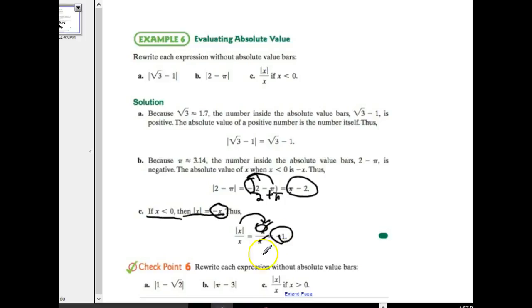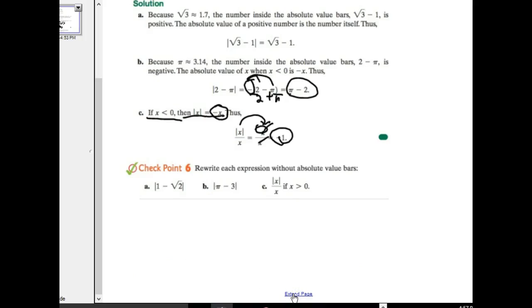All right? So let's do a few of the Got It's to see if you understand what we're saying. Now, the square root of 2 is a little bit more than 1. Therefore, if I were going to subtract 1 minus a number that's a little bit bigger than 1, this is going to give me a negative value. So what I have to do here is take the opposite.